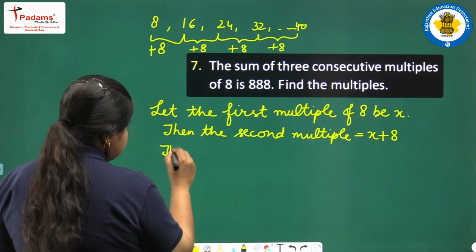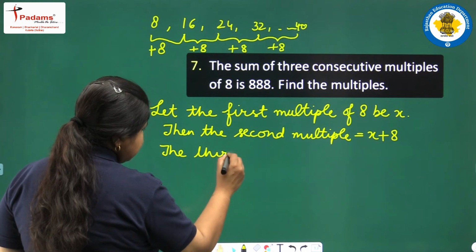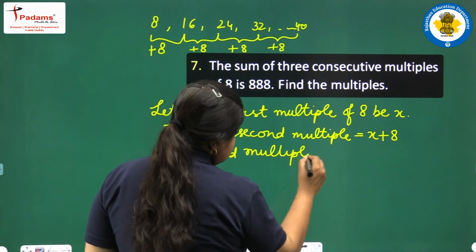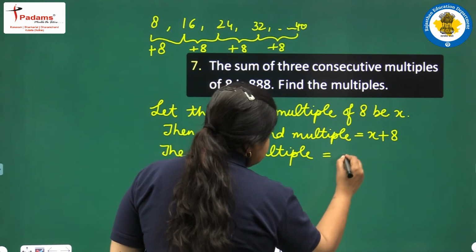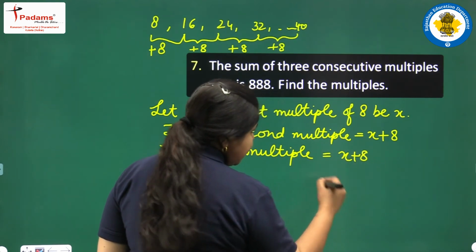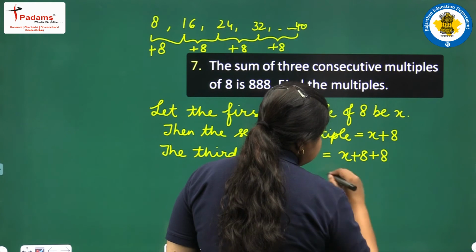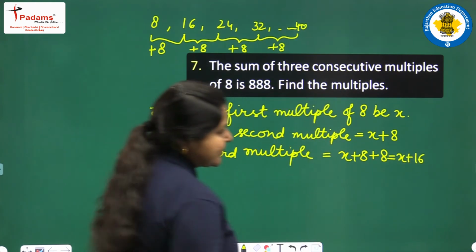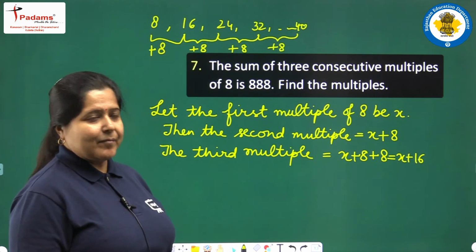And the third multiple will be x plus 8 is the second, again add one more 8. This will give you x plus 16 as the third multiple.